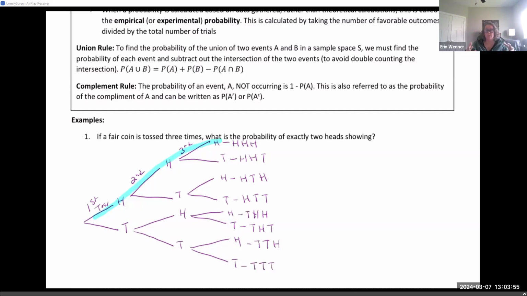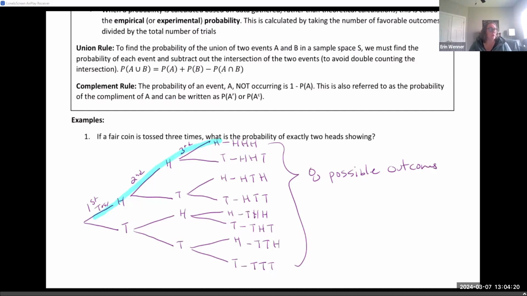Writing out the outcomes gives us an idea of what our sample space is, right? And so how many outcomes do we have? Well, the total number of outcomes we have here, we have 8 possible outcomes. Now, this is with us assuming that order matters, right? We're saying that each of these is distinct because of the order in which they occur, okay?